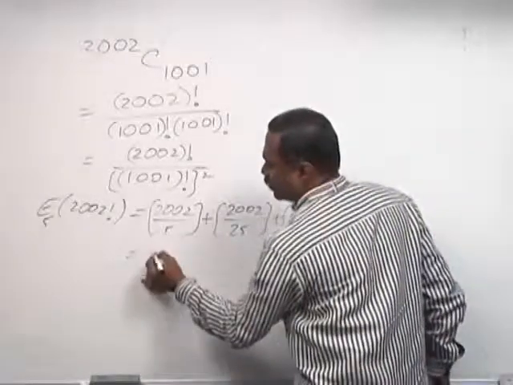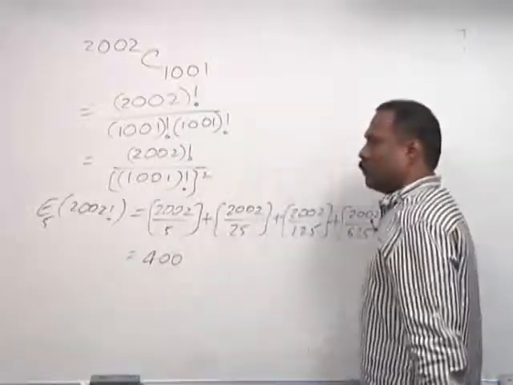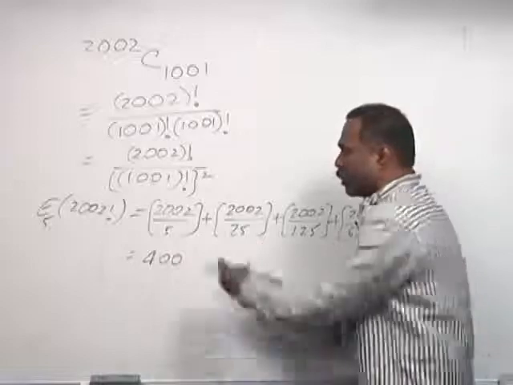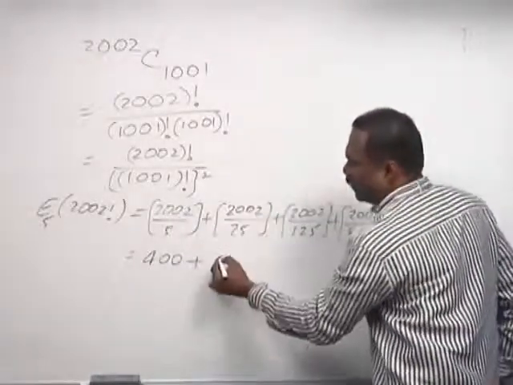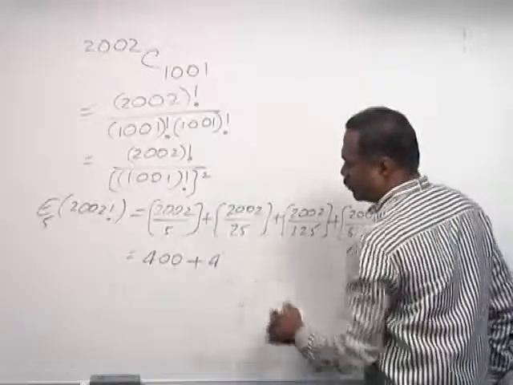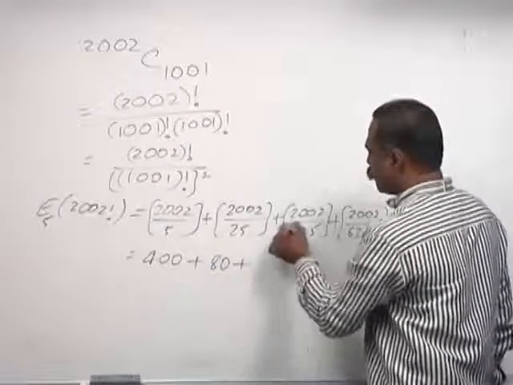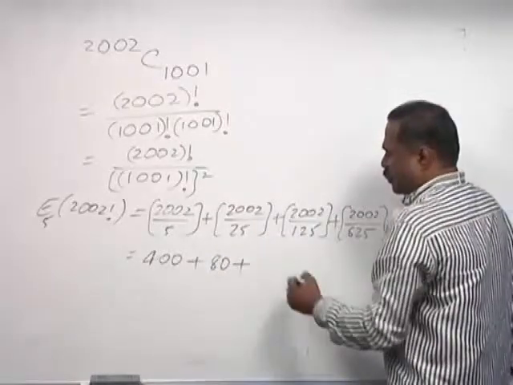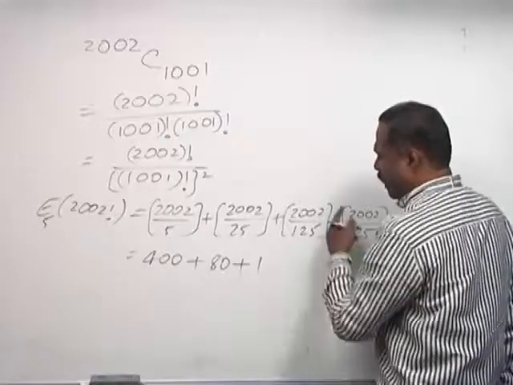Now what should it be? This is 400, this is 80, this is 16, and 3 point something, so you take 3, because it is the step value; you need not take the decimal here.